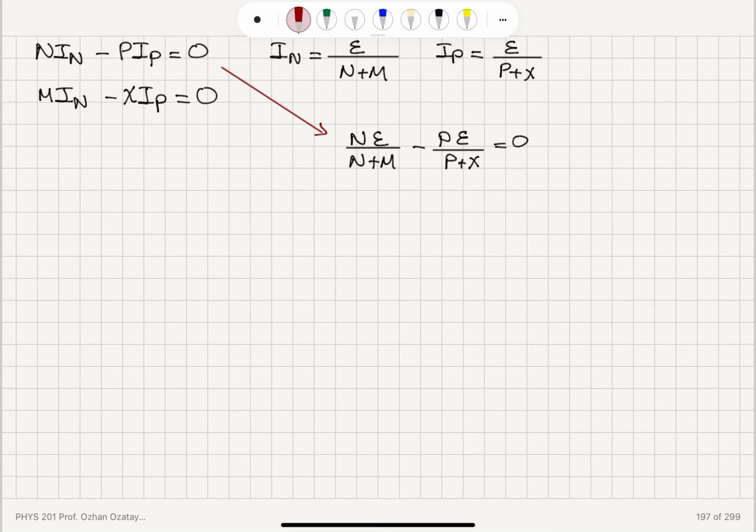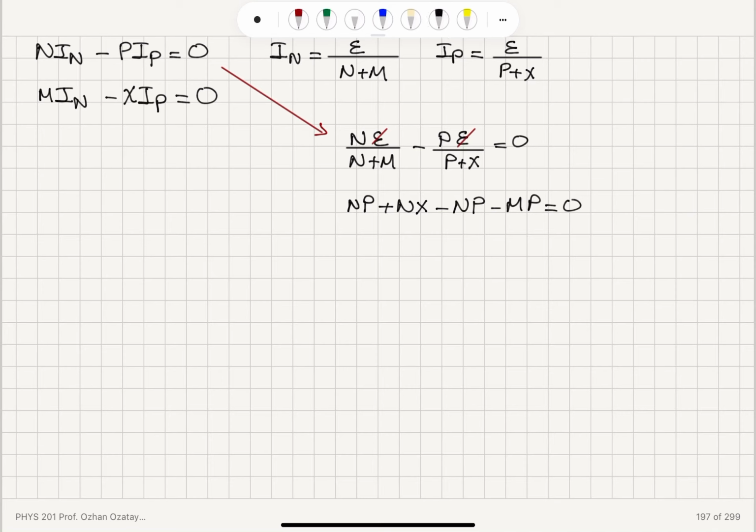Now you can see that these epsilons will cancel out, and I will be left with, if I write this with the common denominator here, NP plus NX minus NP minus MP is equal to 0.